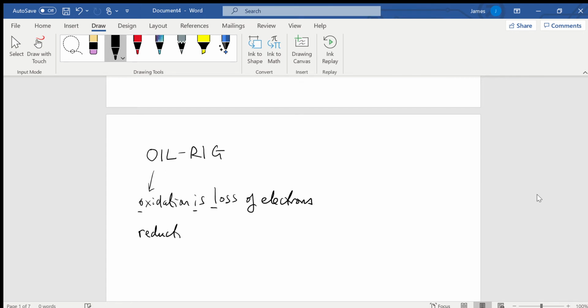Reduction is gain, RIG, of electrons. So that's one acronym that people like to use. It's not the only one, and you can certainly make up your own.